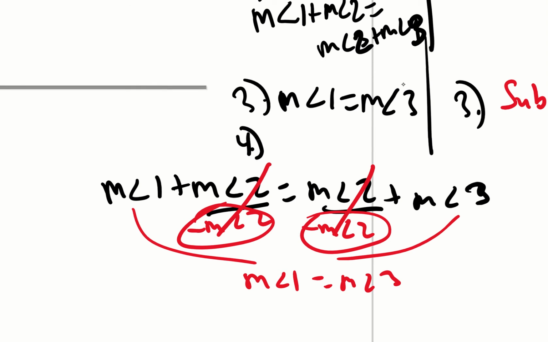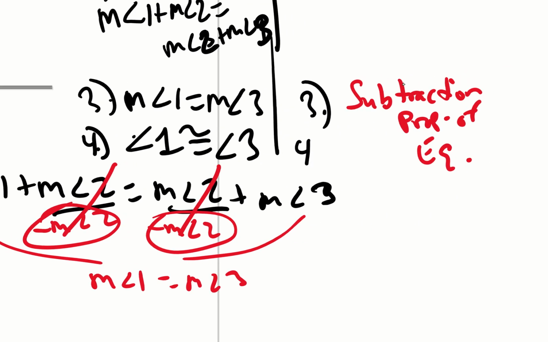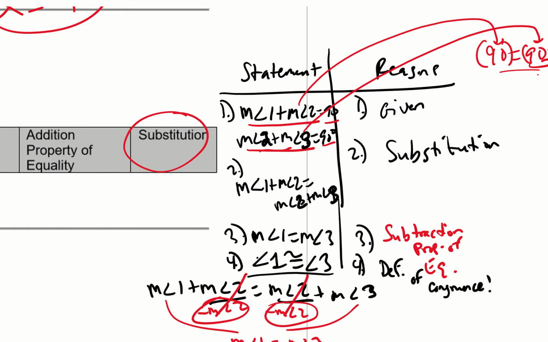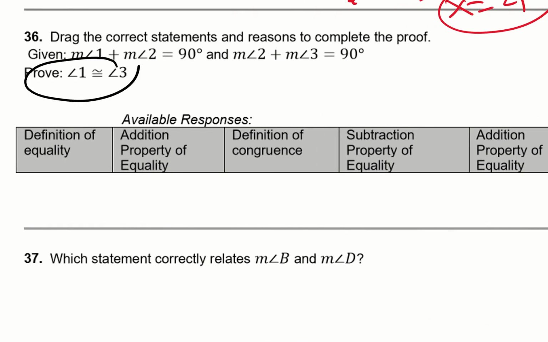Now, because these two angles are equal, they have to be congruent. And that just makes sense. If they're equal, then they're congruent, and that's by the definition of congruence. All right, and the proof is completed because we've shown that angle 1 is congruent to angle 3.